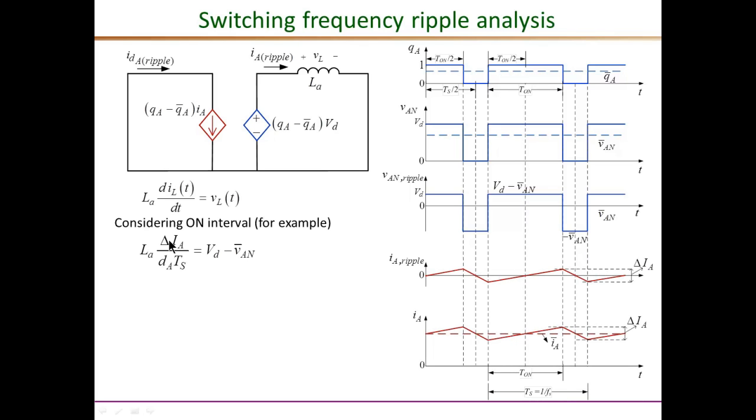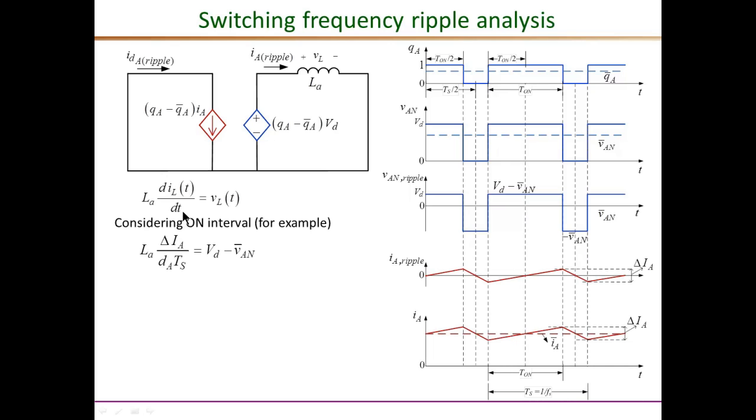To get an expression, we can make use of the VI relationship for an inductor. L di over dt is VL, and if you consider this during the on interval t on, then the change in IL, delta I by our definition, goes from this lowest point to the highest point, which is a total change of delta I. This change in time dt during the on interval is duty ratio dA times Ts.